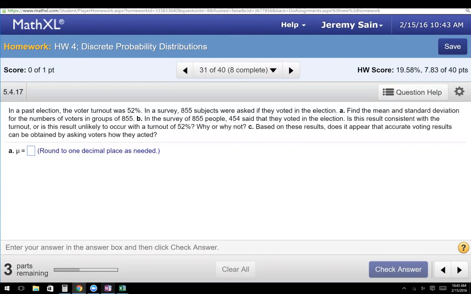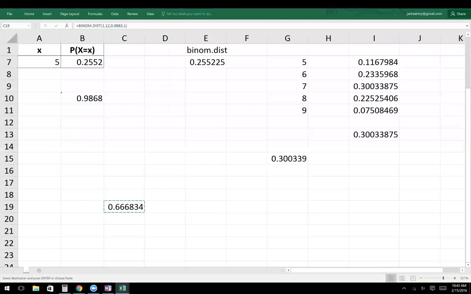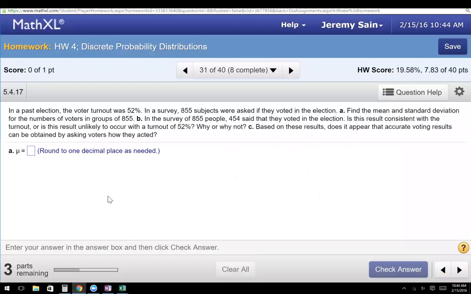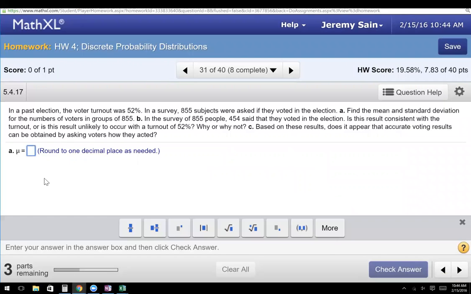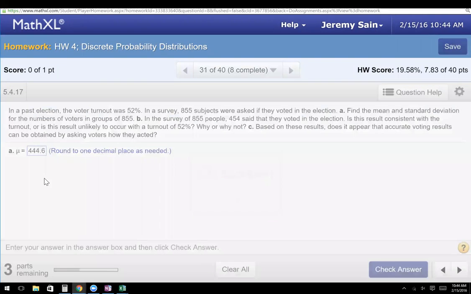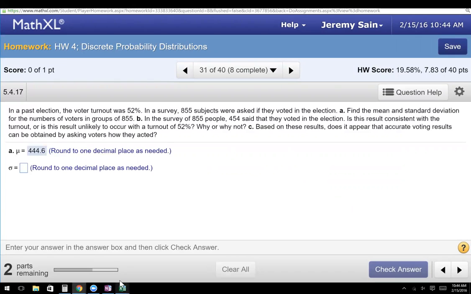So if you look at groups of 855, that's your n. Your p is the 52%. So just n times p is 444.6. And then same thing for standard deviation.